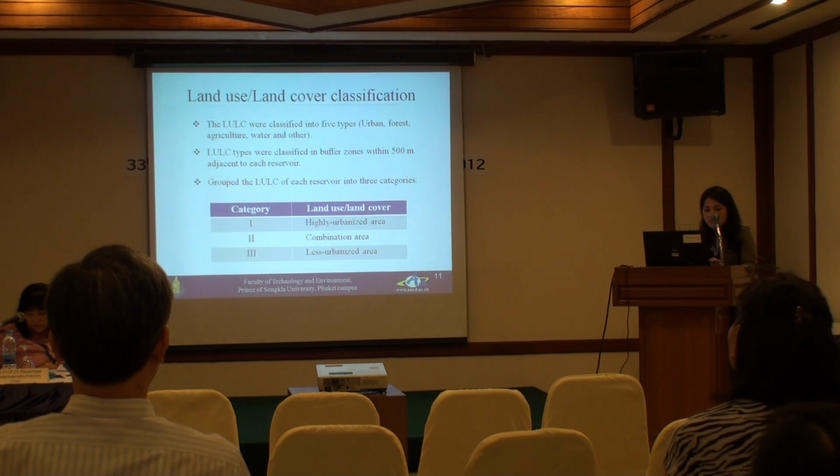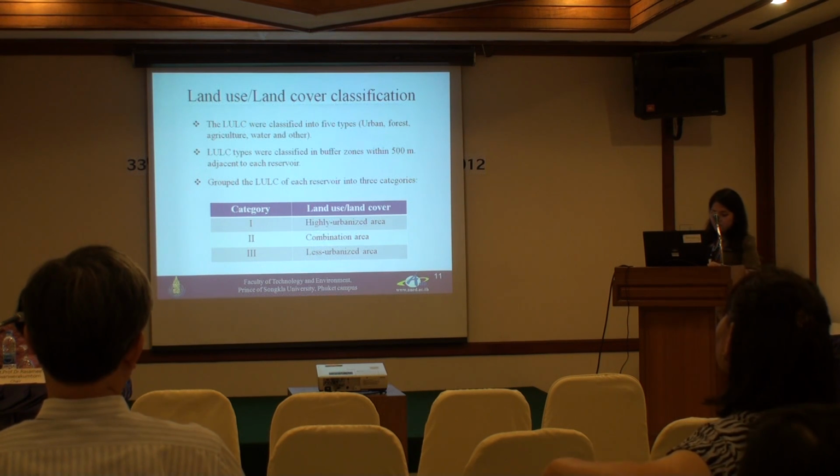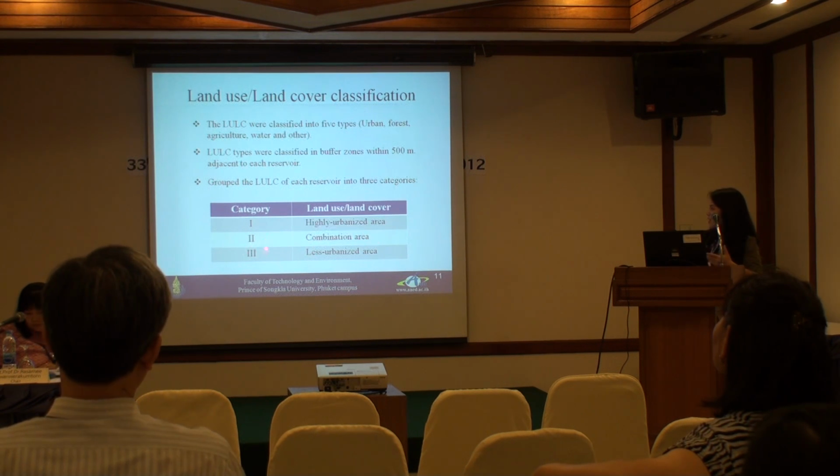Land use, land cover type were classified in buffer zone within 500 meters adjacent to each reservoir. And then we group the land use type in 3 categories. Category 1 is a highly urbanized area, and category 2 is combination area. Category 3 is less urbanized area.